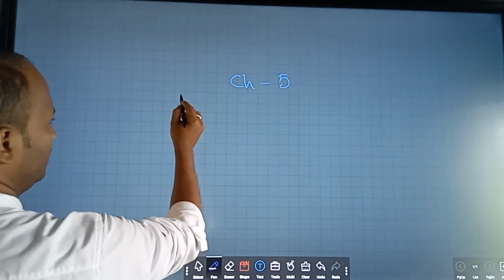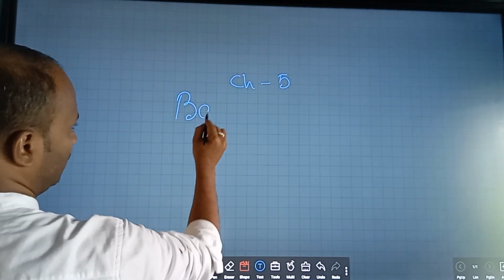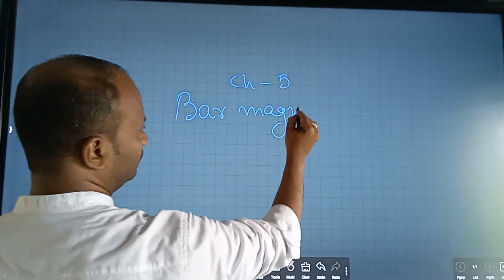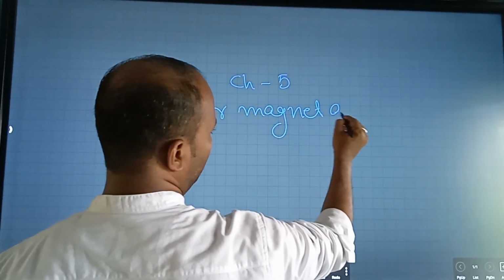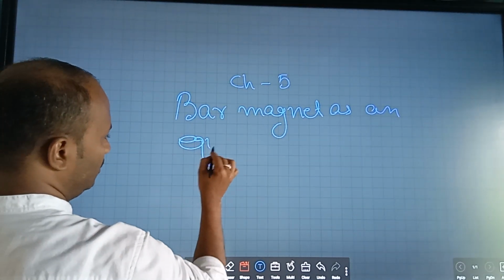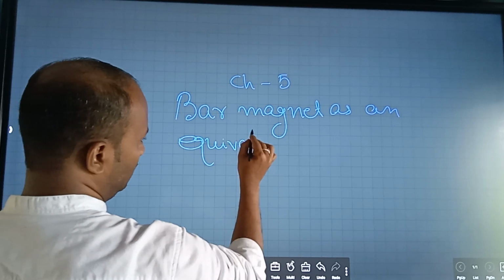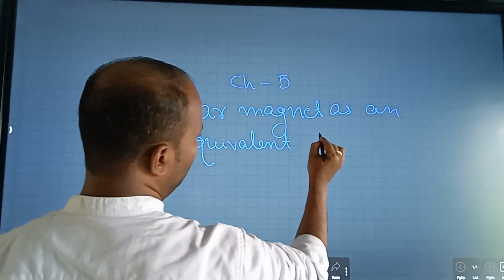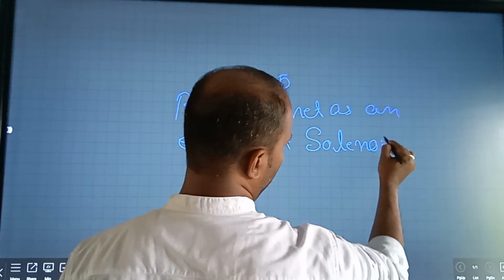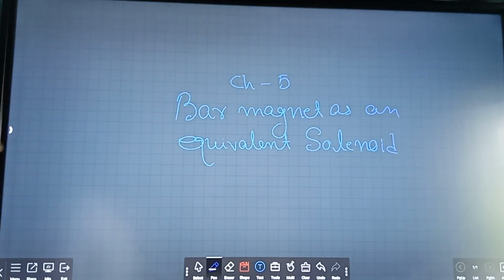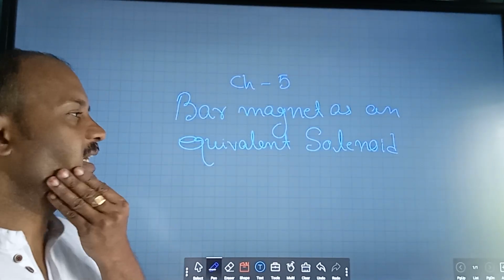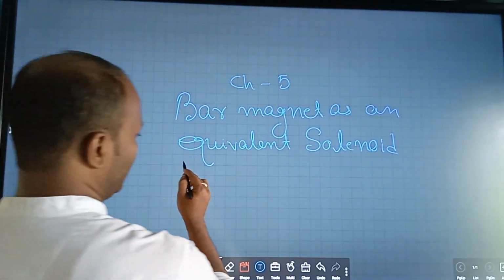Bar magnet is an equivalent solenoid. So today our topic is bar magnet as an equivalent solenoid.